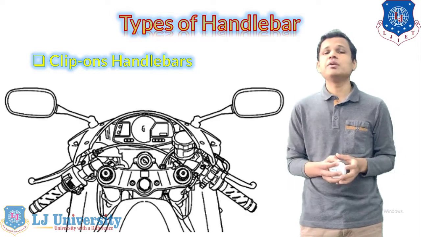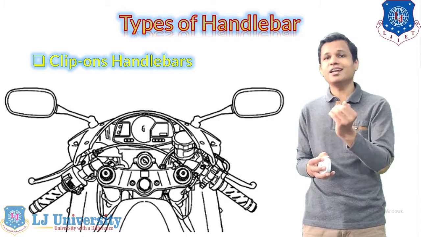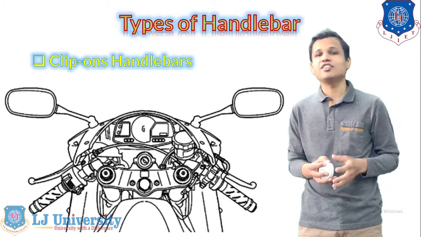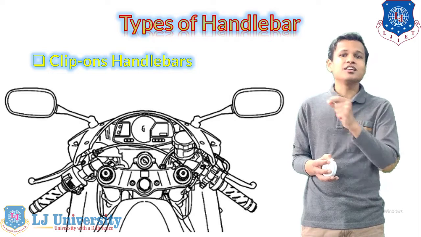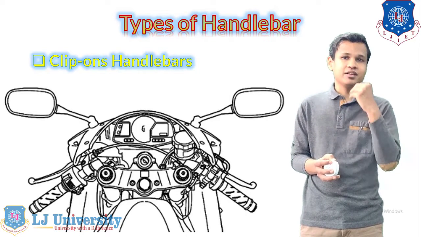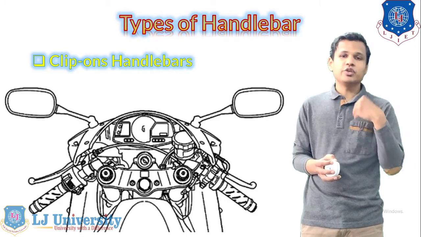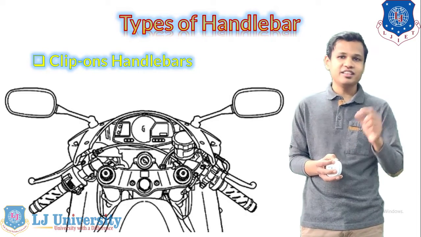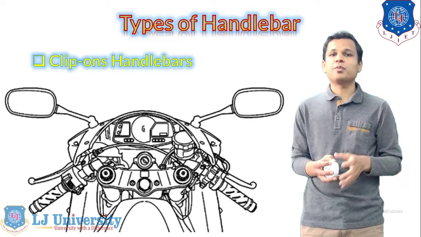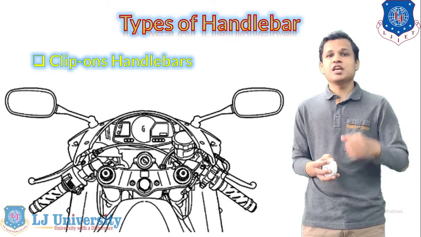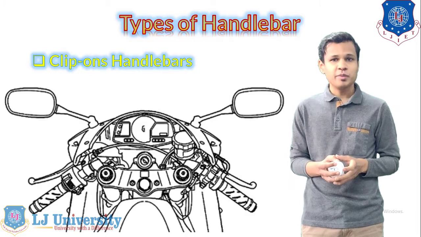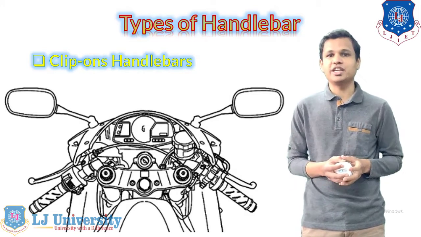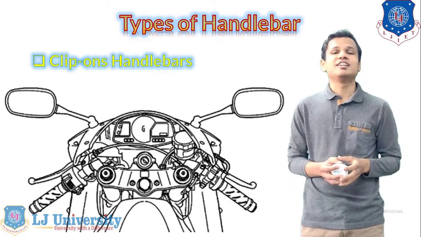The cross section will be hollow tube type for the handlebars, and also there will be some holes drilled in the case of the handlebar to provide the spaces to give the bike brake wires, to give the accelerator wires, and to give other auxiliary wires in the case of the handles, so that the proper arrangement can be done. The location of the handlebar is also important so that the driver can easily sit and the comfortable posture can be maintained throughout the driving.